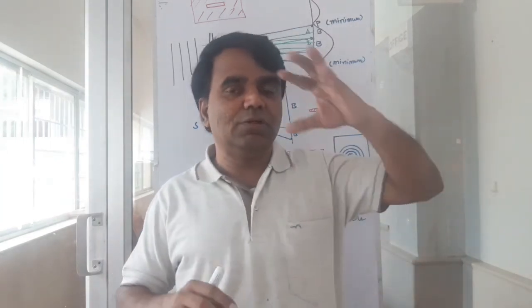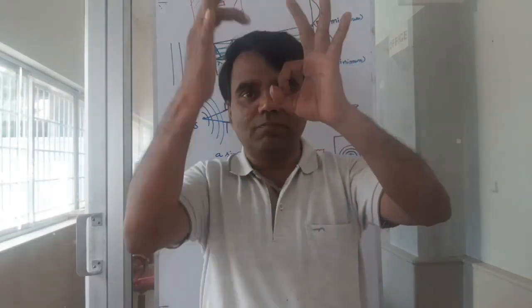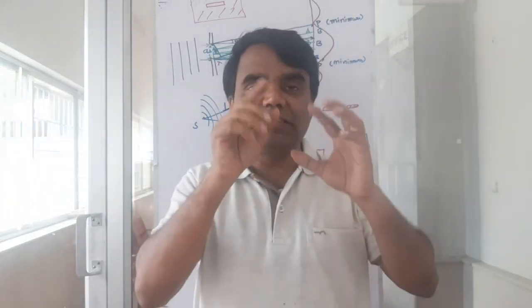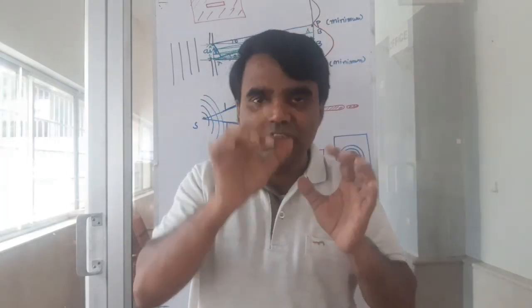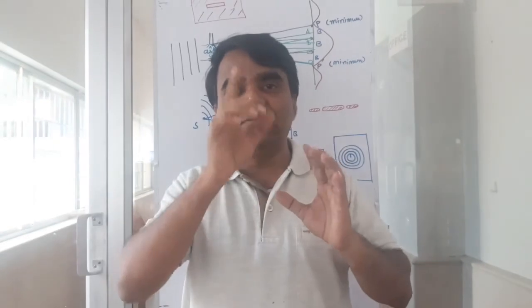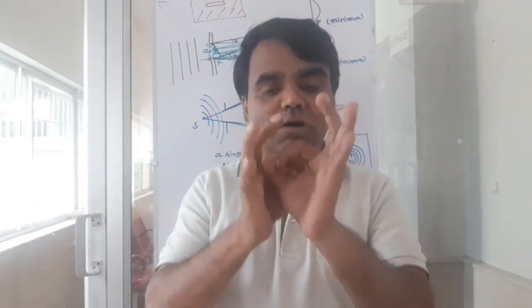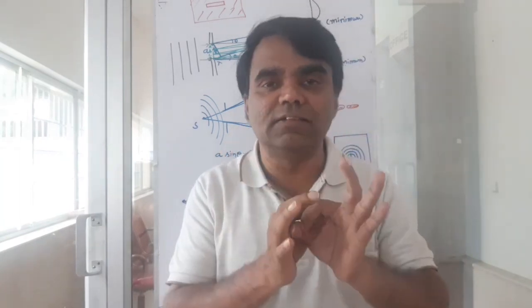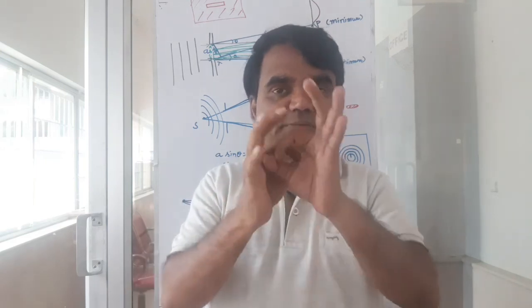But here, one point can form this circle, the next point can form a circle like this, very close. Now you get a smudge, you don't see two clear circles. They overlap, so you can't see the details of the image very clearly.